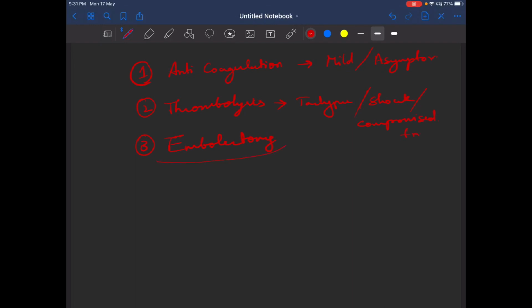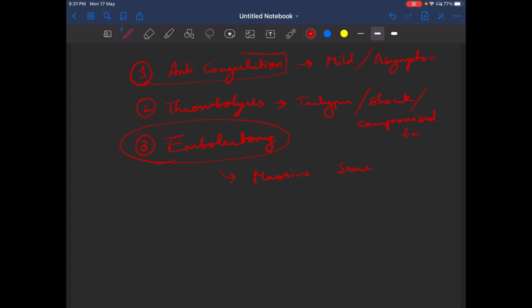And embolectomy is an emergency surgical procedure in massive thrombus cases. Thrombolysis can be done in moderate or severe cases, and embolectomy can also be done in severe cases.